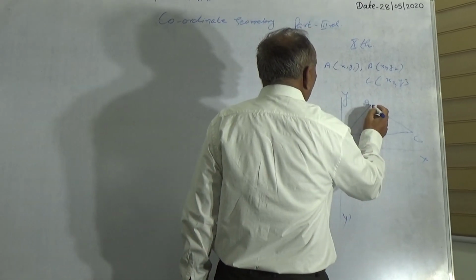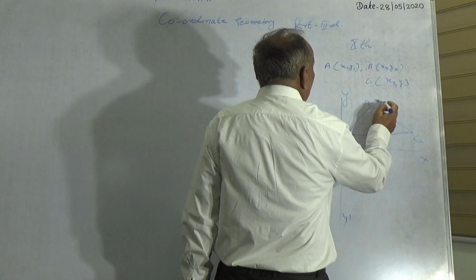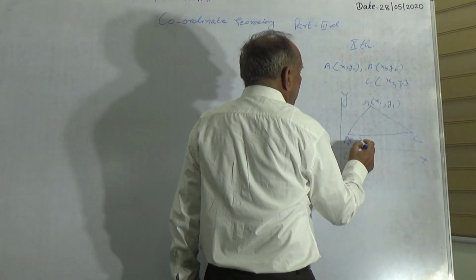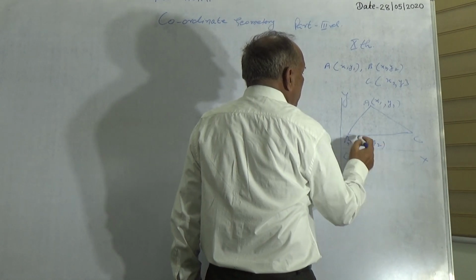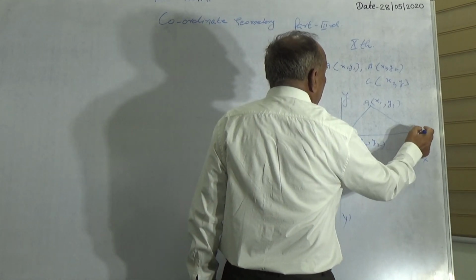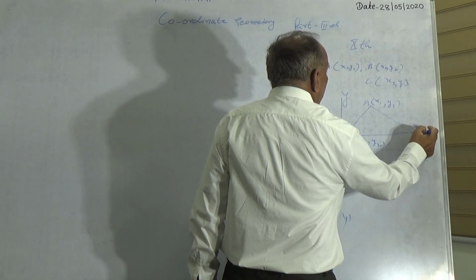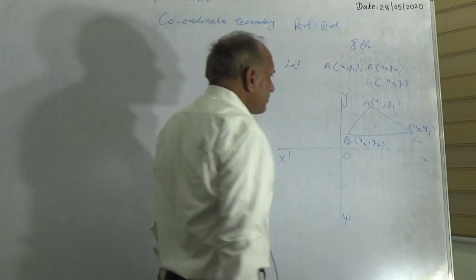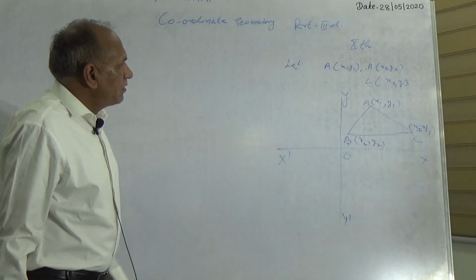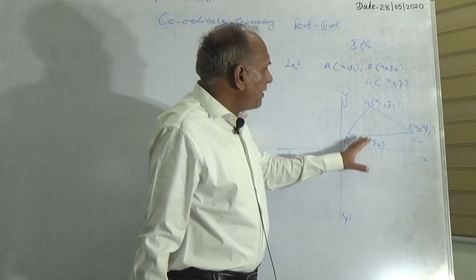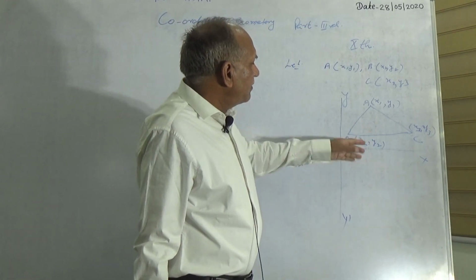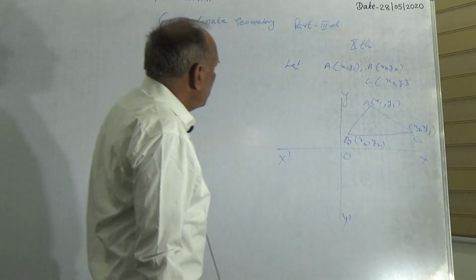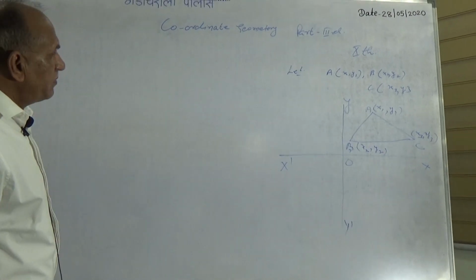We have a point A whose coordinates are x1 y1, point B x2 y2, point C x3 y3. Now we have to find the area of this triangle ABC with the help of coordinate geometry.